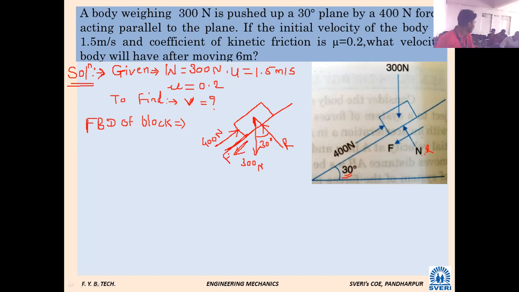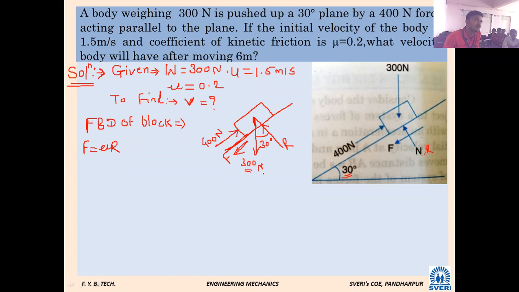Are you with me? And how do we give the frictional force? What is the formula for frictional force? Mu into R. What is R in this formula? Normal reaction. How to find that reaction? For that, what we have to do? This 300 Newton force we have to resolve first.